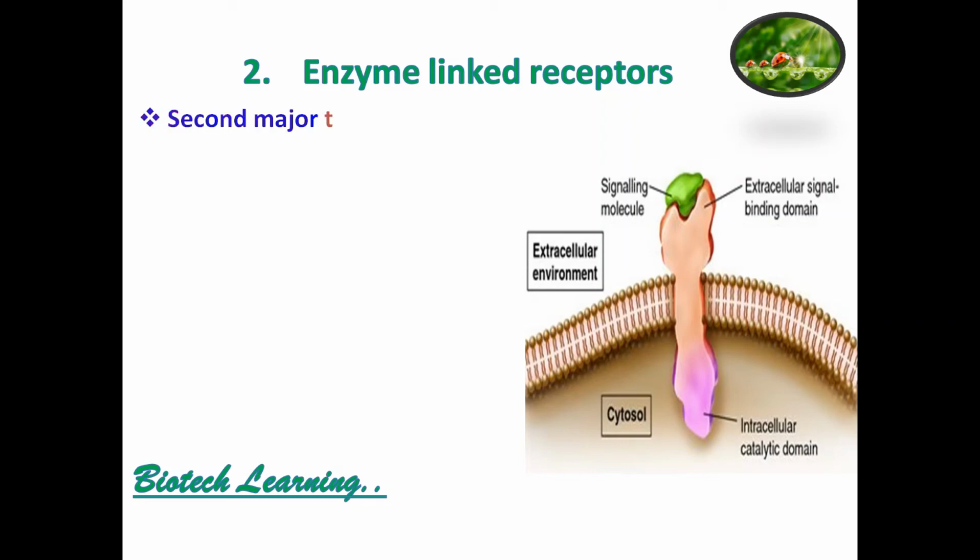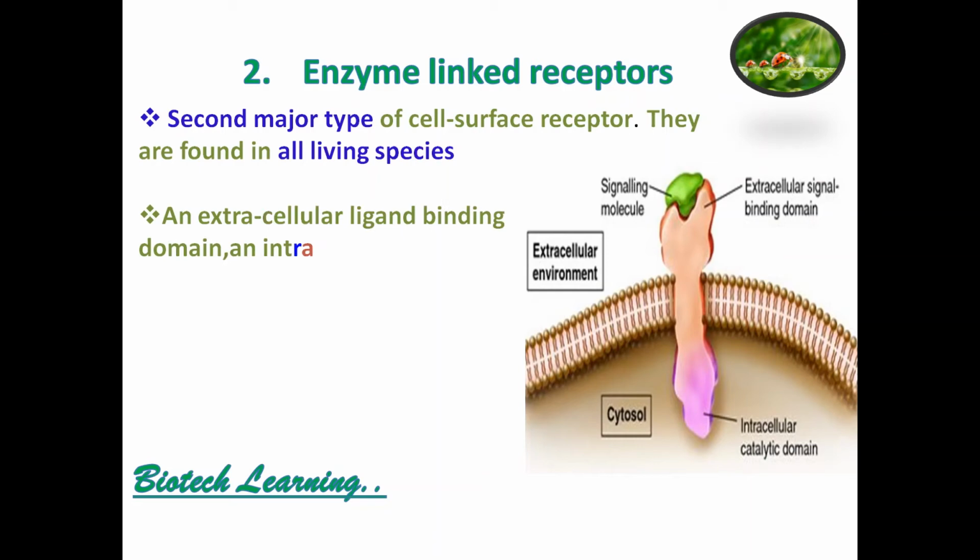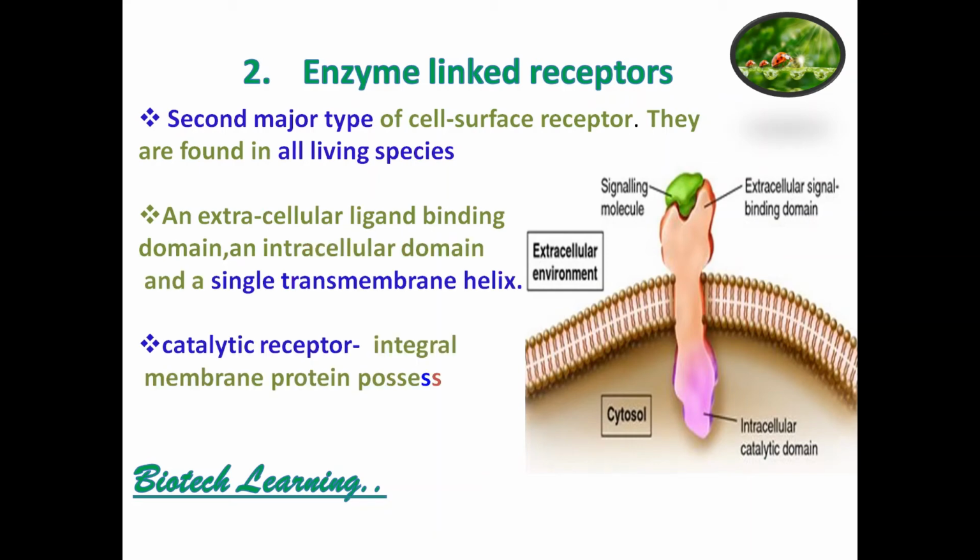These are the second major type of extracellular receptors, and the point to be noted is that they are found in all living species. Now let's see the structure of this receptor. As you can see here, it is a single polypeptide, a transmembrane protein, but it has an integral enzymic domain.